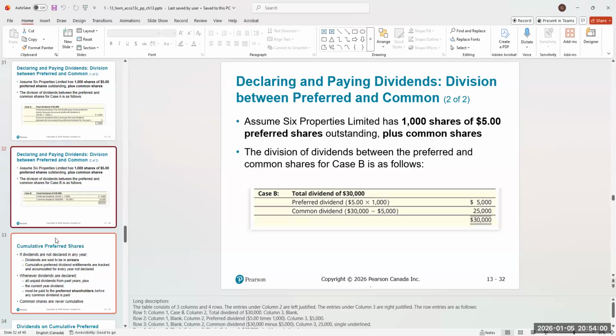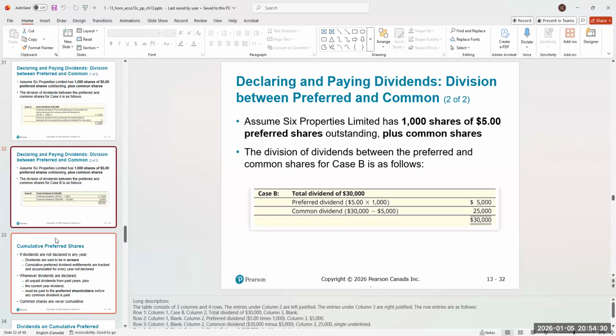The other scenario will be, now we're not declaring 5,000, we're declaring a 30,000 dividend. So what's going to happen in this case? Again, preferred shares are going to get the first dividend. How much are they going to get? $5,000. Why? Because we have 1,000 outstanding preferred shares, which get a $5 dividend. 5,000 goes to the preferred shares, the rest to the common shares.